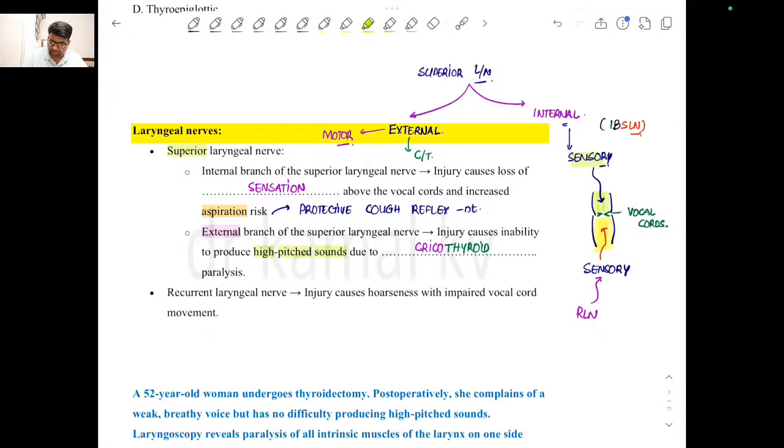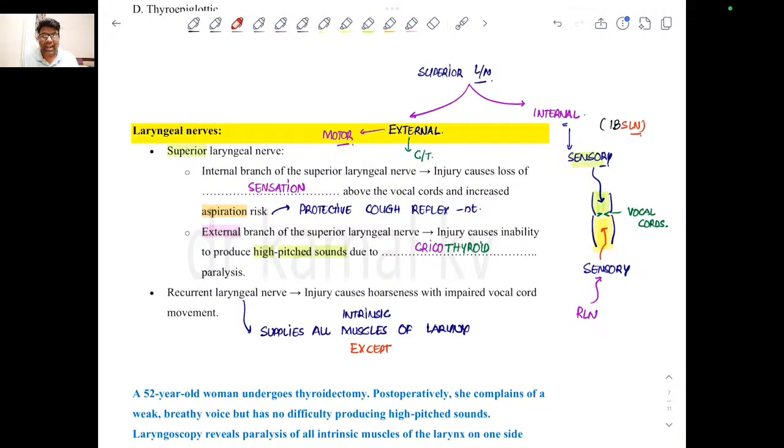Now, the recurrent laryngeal nerve supplies all intrinsic muscles of the larynx except, there is only one muscle which is not supplied by the recurrent laryngeal nerve.